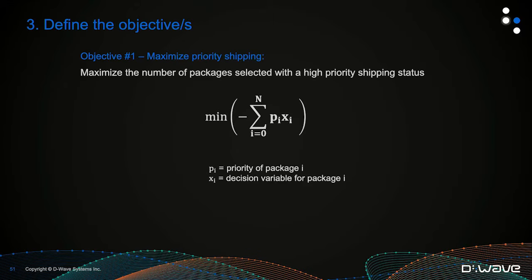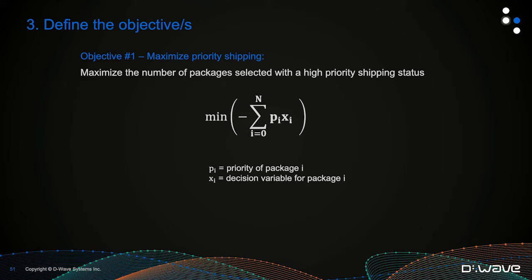Okay, now we're going to define our objectives and our constraints mathematically. So the first objective is to maximize priority shipping. The way we're going to do this is by using a value P. P here is going to indicate the priority of the package. So a higher value of P is going to indicate a higher priority package.